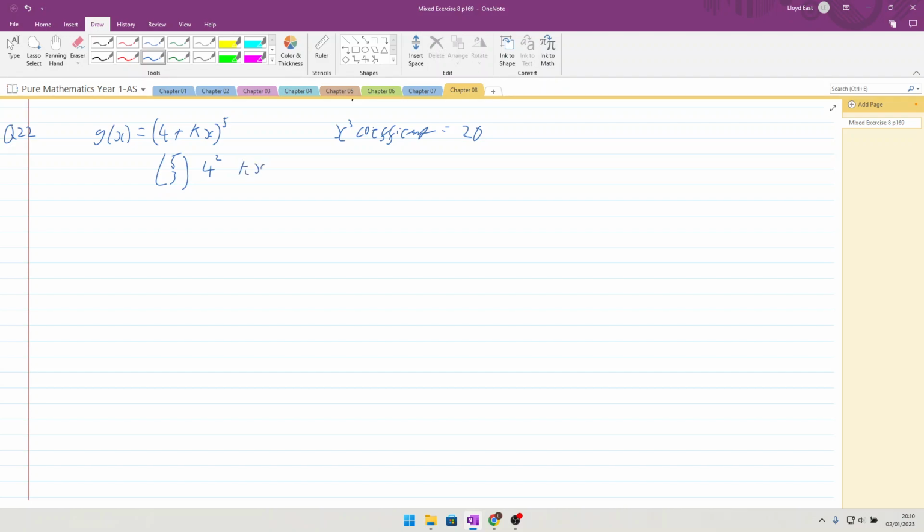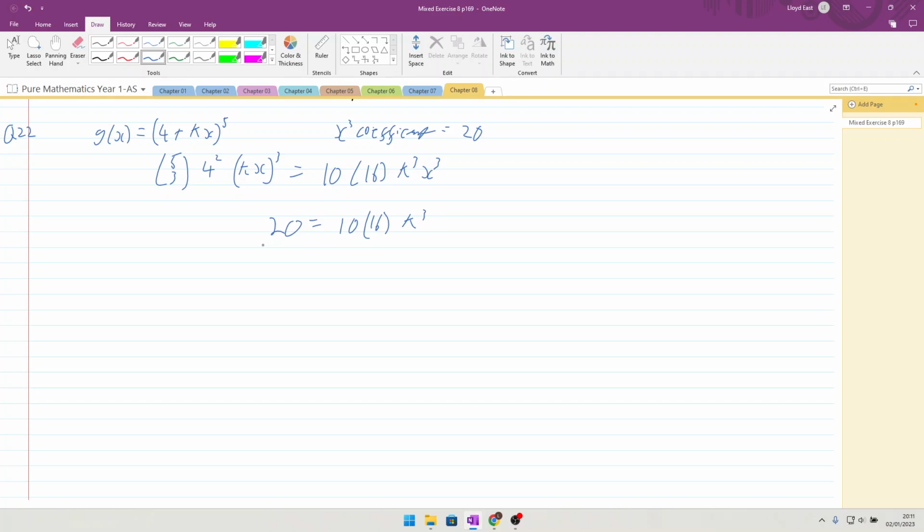So 5 choose 3 is 10, 4 squared is 16, and k cubed x cubed. So that all equals 20: 10 times 16 times k cubed. I don't need the x cubed on there because I don't have the x cubed on the left.